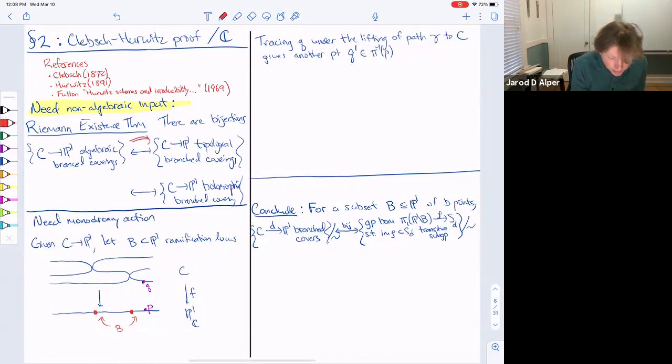It should be obvious that any algebraic cover gives you a topological one, same with any holomorphic one. But if you're given a topological branch covering, you can use that to define a holomorphic structure on C, inducing it from the holomorphic structure on P1. So it's not hard to see that these are actually equivalent. The content of this in the hard direction is that holomorphic coverings are algebraic.